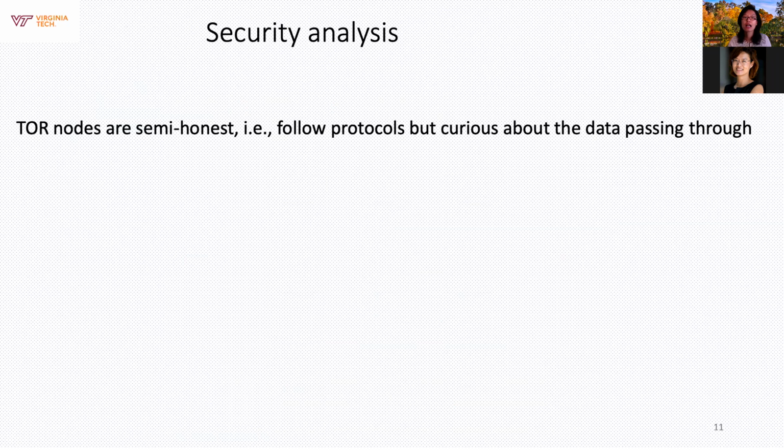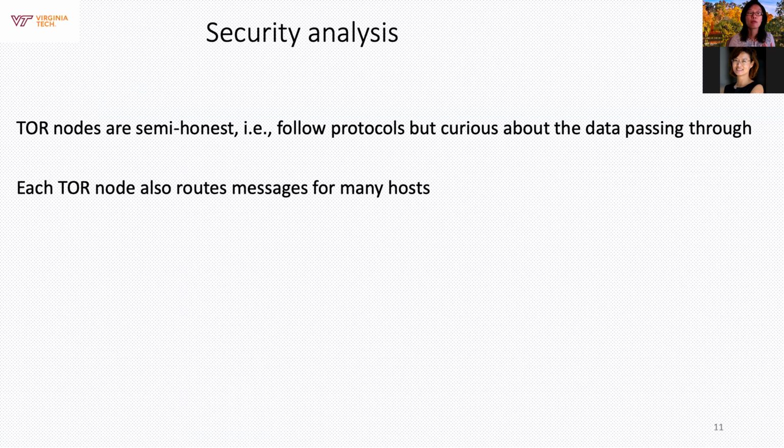And for the security analysis, essentially, there are several assumptions for this to work. It's very important to know the threat model: attackers will be able to monitor their own nodes, incoming and outgoing traffic, and make correlations and so on. But we assume that the nodes not controlled by the attackers are semi-honest. They follow the protocol, but they may try to decrypt and then do correlation analysis.